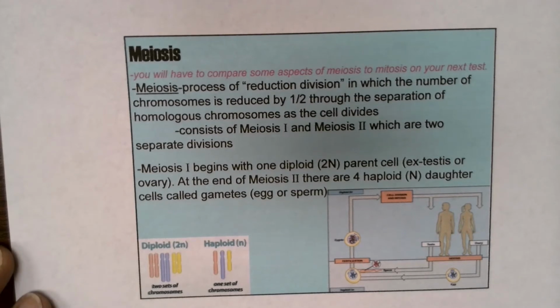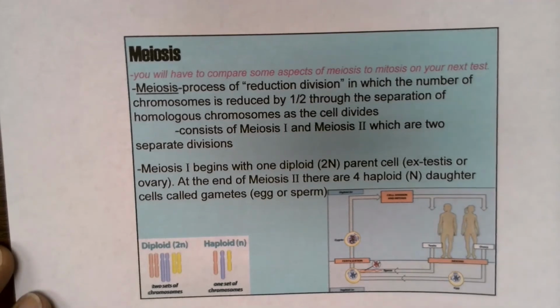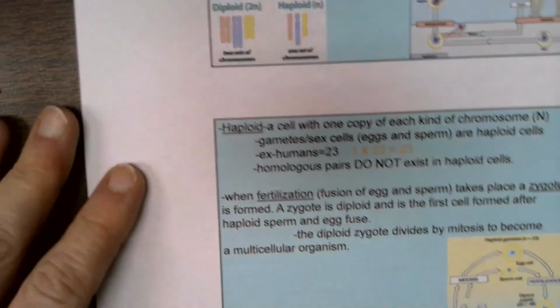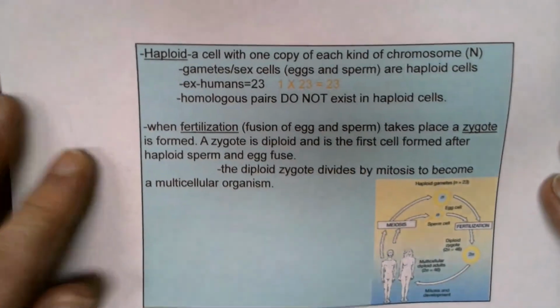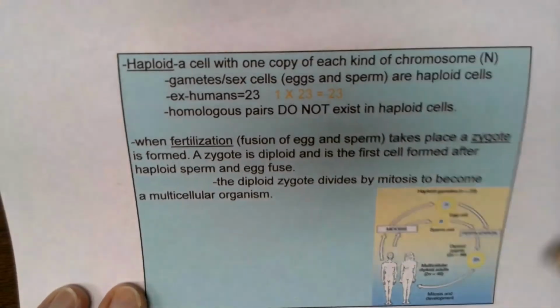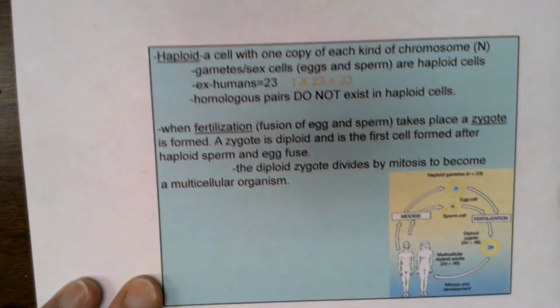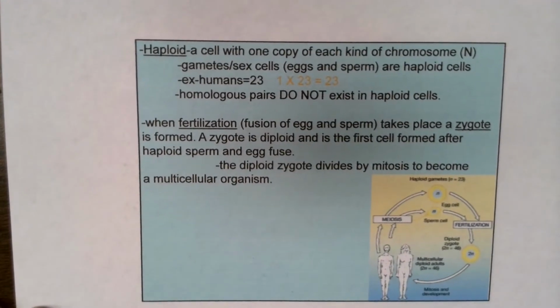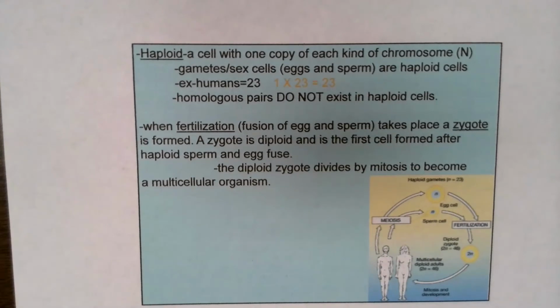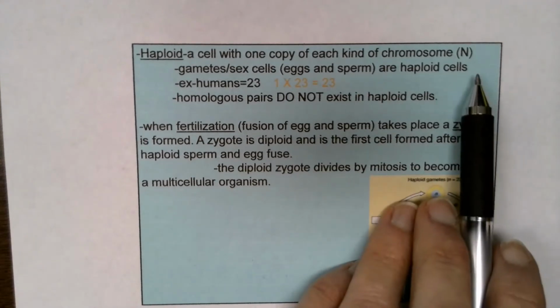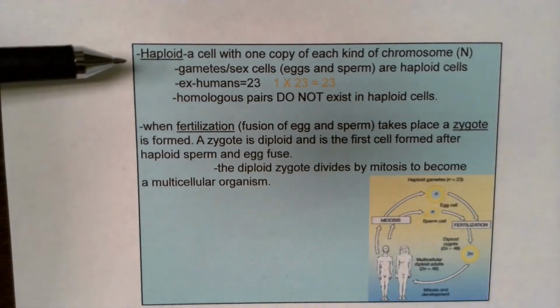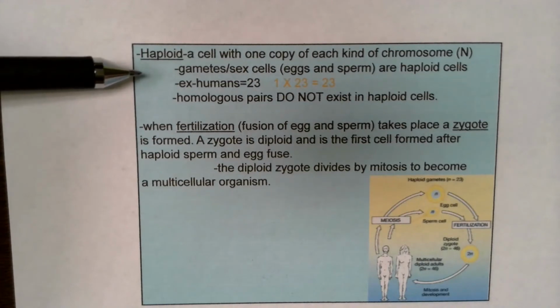Homologous chromosomes are present in diploid cells. Haploid cells, by definition, are present when there's only a single copy of each type of chromosome, okay? So again, N, or 1N. In humans, the egg and sperm cells have 23 chromosomes.